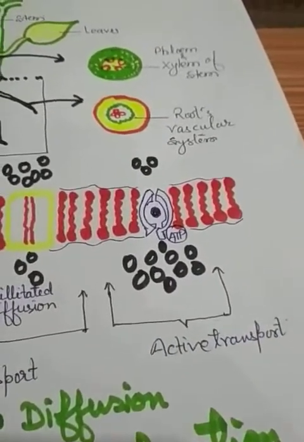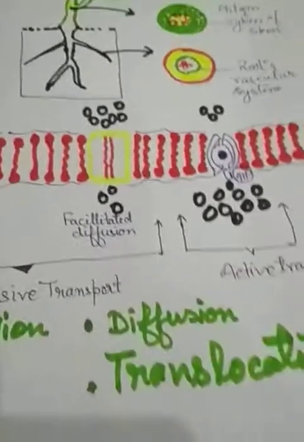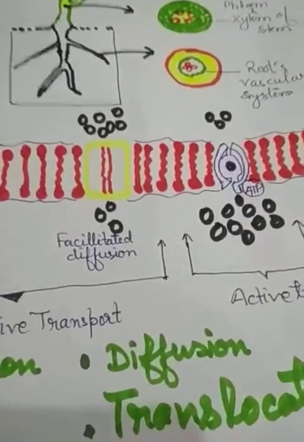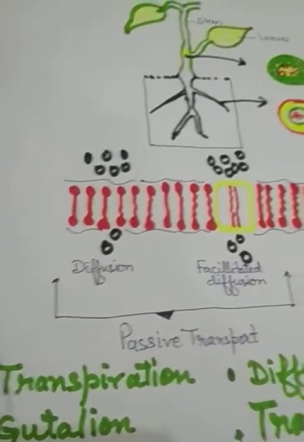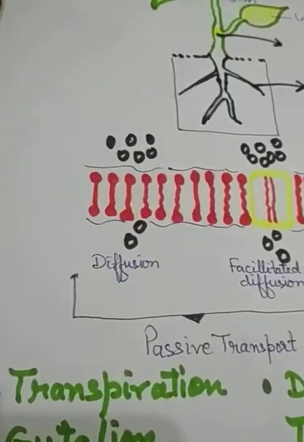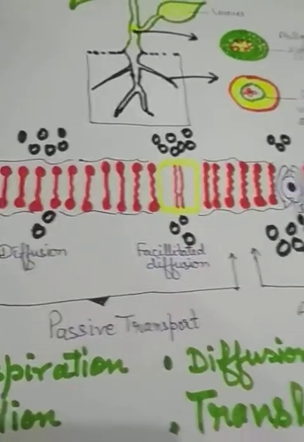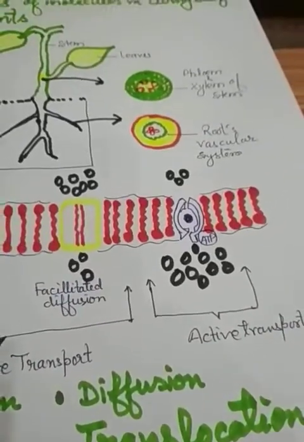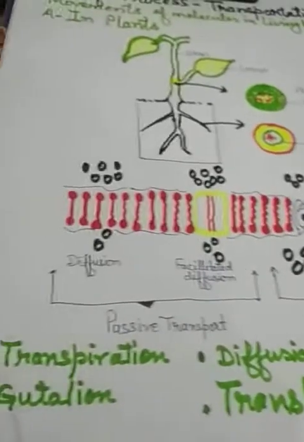In both, active and passive transport are there, and these are the four important key points. Transpiration means the loss of water from the plant body, or evaporation of water from the plant body. Diffusion means whenever water and gases get diffused, they enter into the plant body.